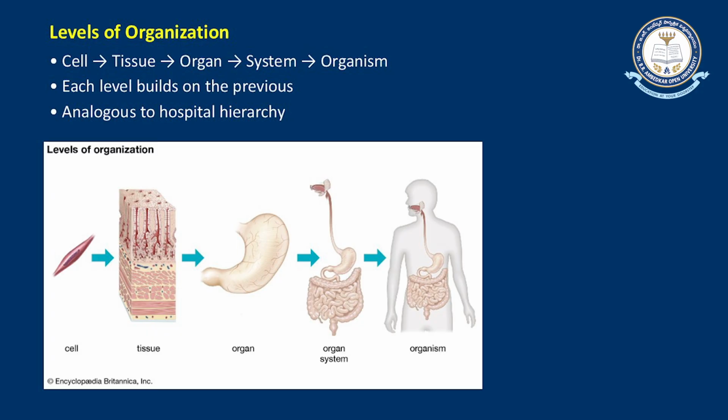And then you have the entire organ systems put in one human body, and that is the organism. This is how you learn the levels of organization: the cellular level, the tissue level, the organ level, the organ system, and the organism.